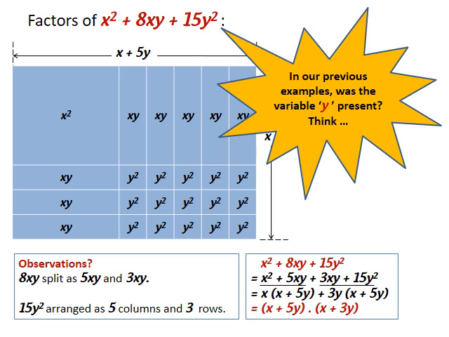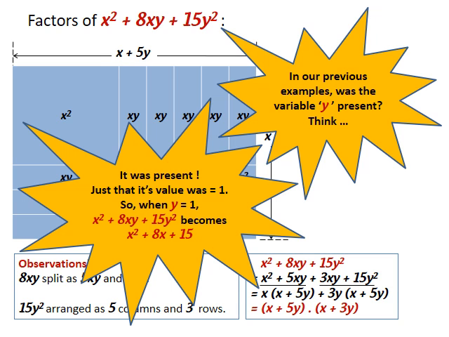I would say it was present. How? It was present, but its value was 1. So when y becomes 1, the expression x square plus 8xy plus 15y square becomes x square plus 8x plus 15, which you have already solved.